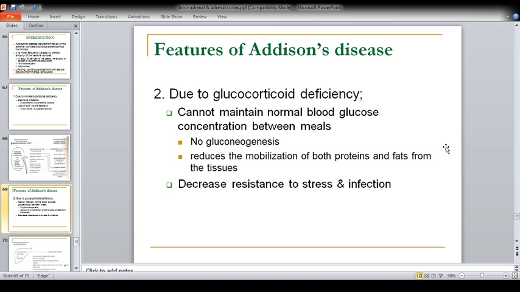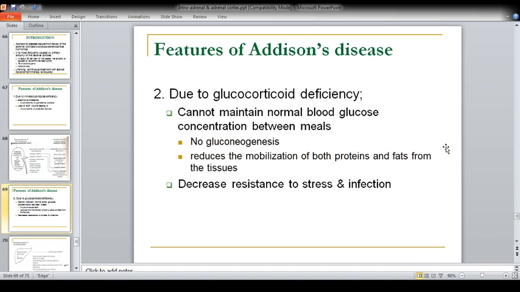But what would happen if the patient is under any kind of stress, that is during exercise or traveling or running or doing anything else, or if the patient contracts an infection? What would happen then?